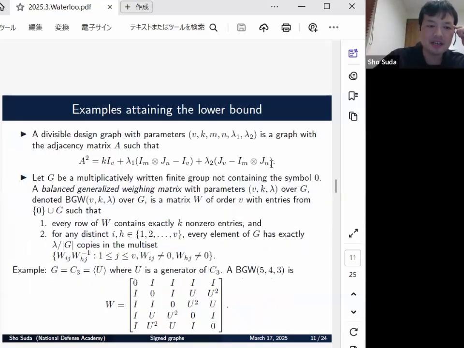A divisible design graph with parameters v, k, m, n, lambda 1, lambda 2 is a graph with adjacency matrix A satisfying this matrix equation.